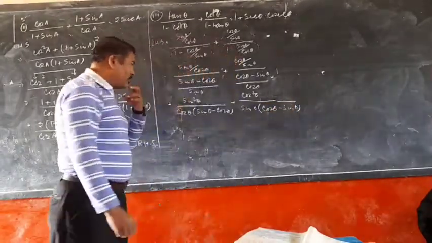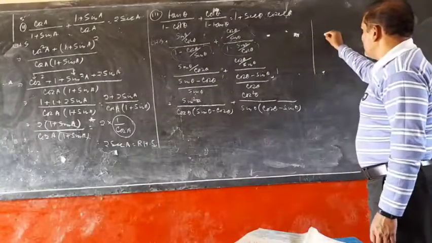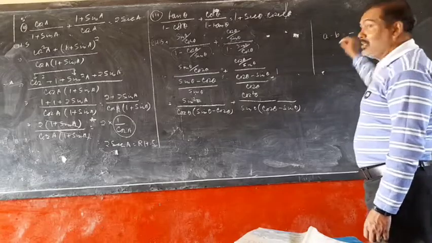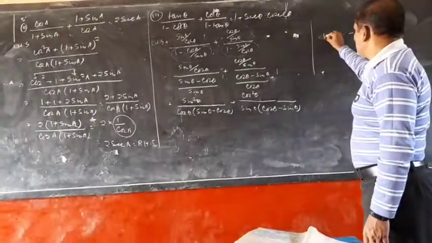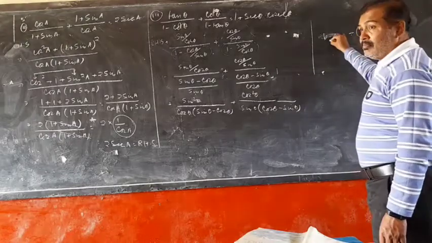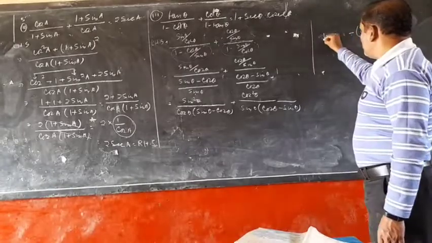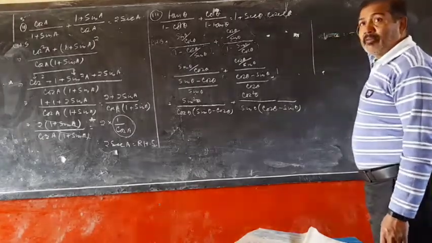Before this step I would like to explain one thing. Suppose you have a minus b. If you take minus as a common, suppose you have b minus a, then minus becomes plus and plus becomes minus, which means b minus a is equal to minus common, a minus b.